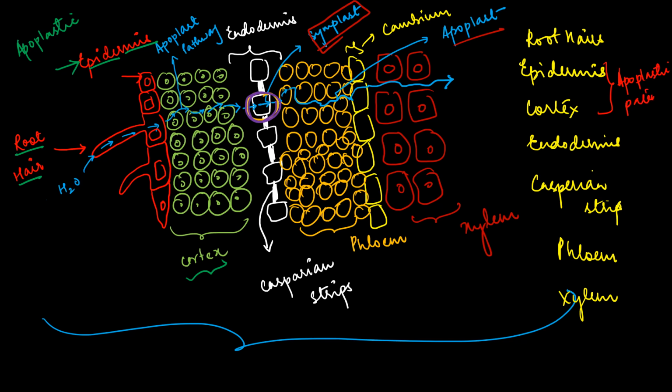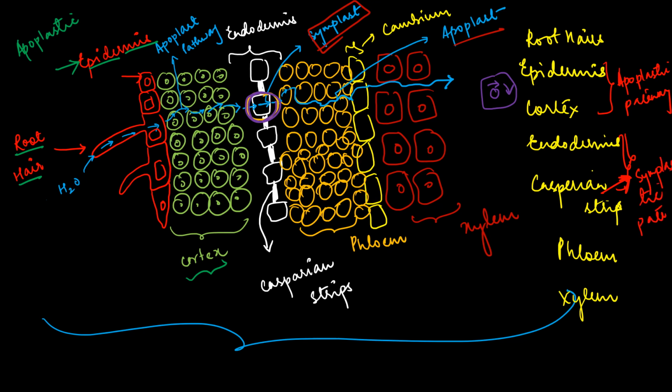Apoplastic pathway. What is apoplastic pathway? That means the water is moving through the cell wall. If I show you the apoplastic pathway here, this is a cell, right? In the endodermis especially, you have a Casparian strip. So this Casparian strip, it will move how? Symplastic pathway.